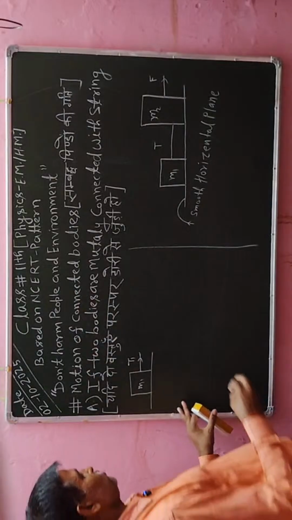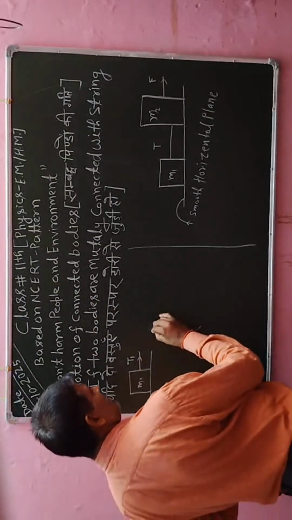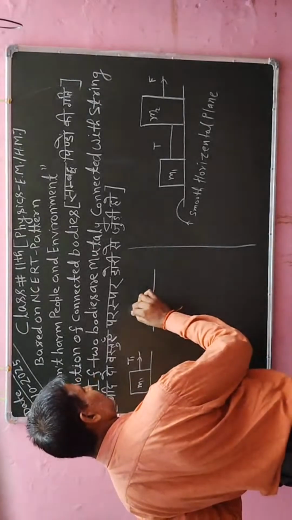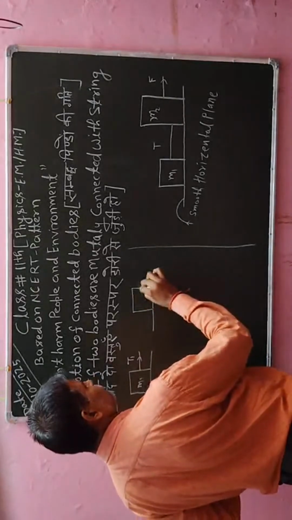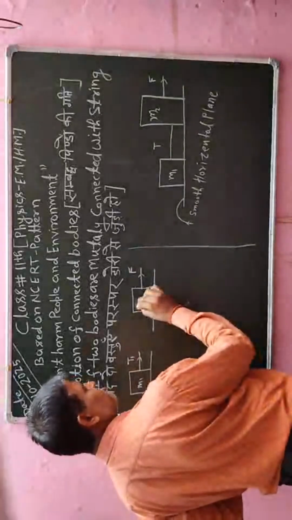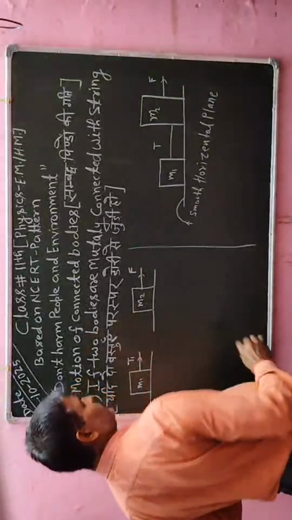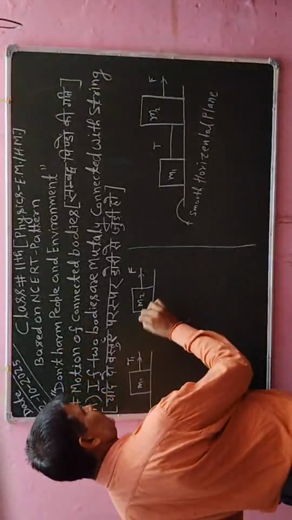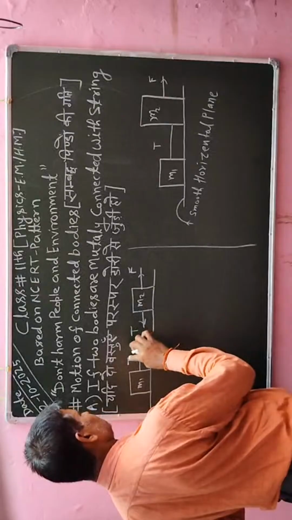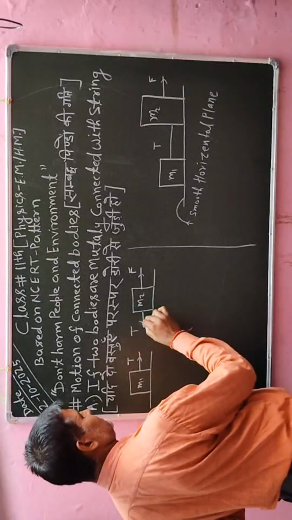Now the other object I am going to resolve here. If force F is going this side and the mass is m2, in this case the tension force will be this side.